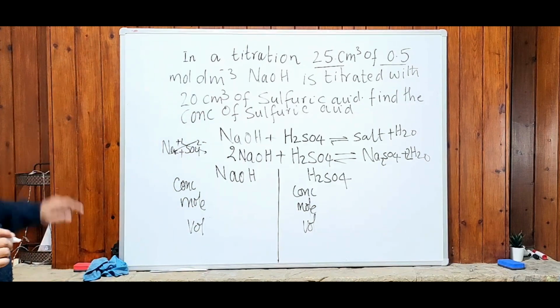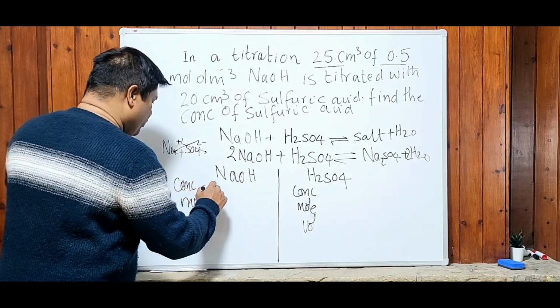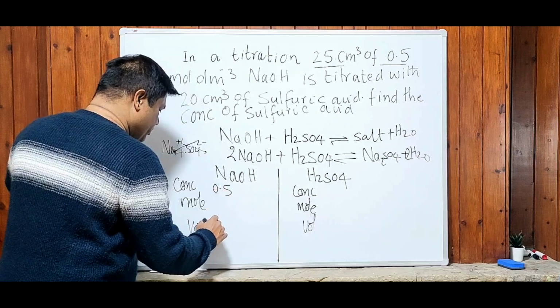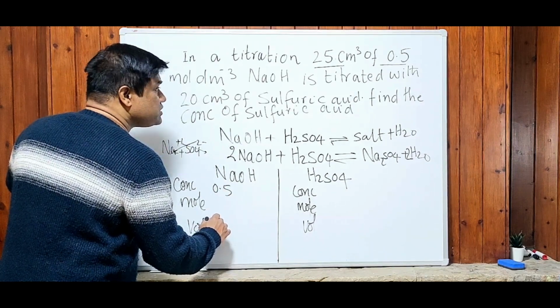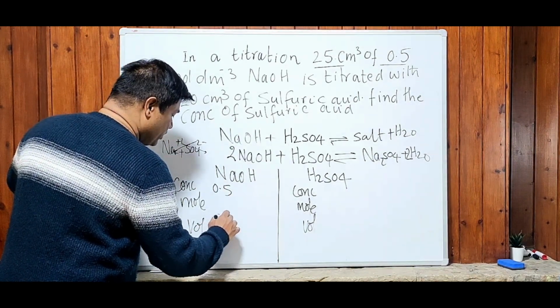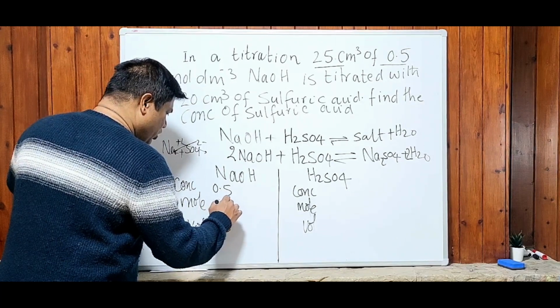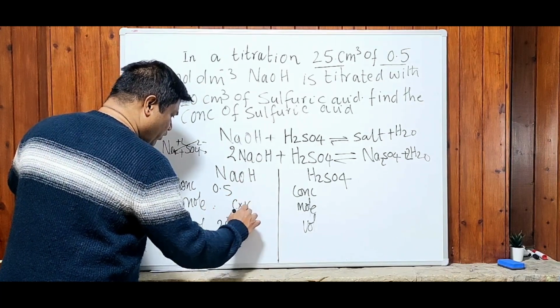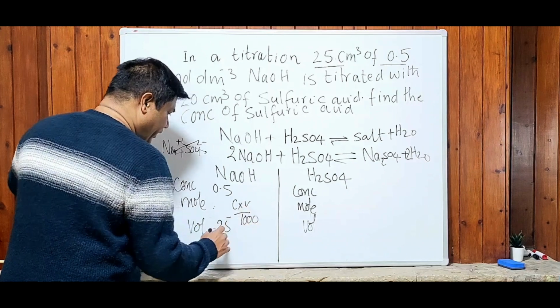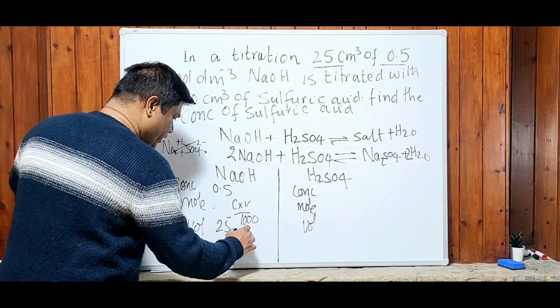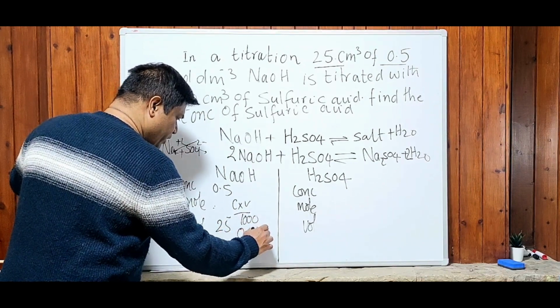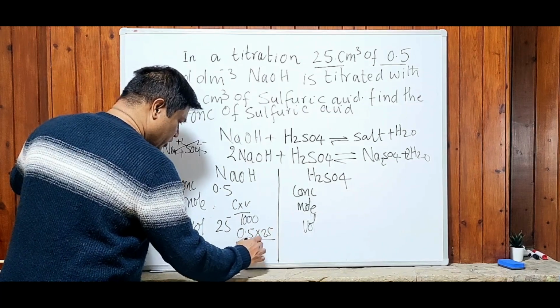The concentration of sodium hydroxide is given, which is 0.5. The volume of the sodium hydroxide is given, which is 25 cm³. So work out the moles. Moles equals C times V over 1000. That is 0.5 times 25 divided by 1000.